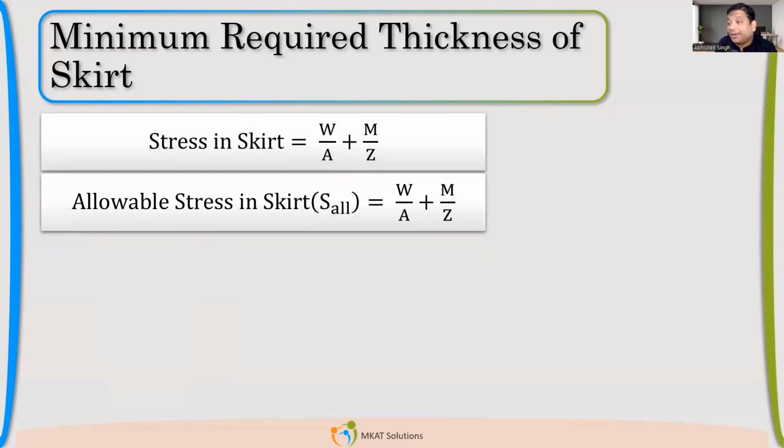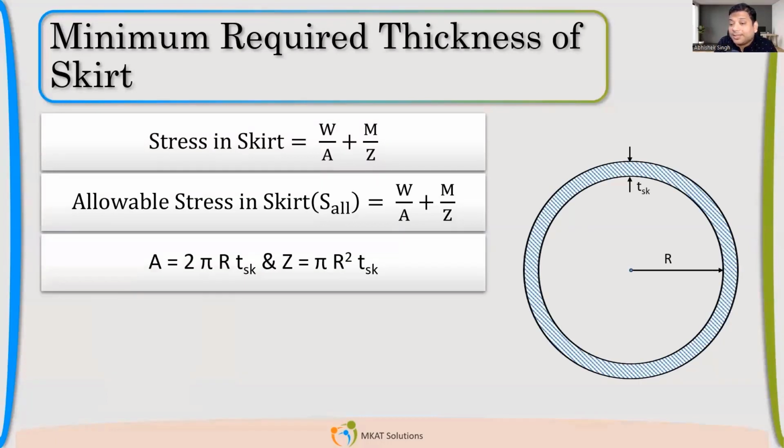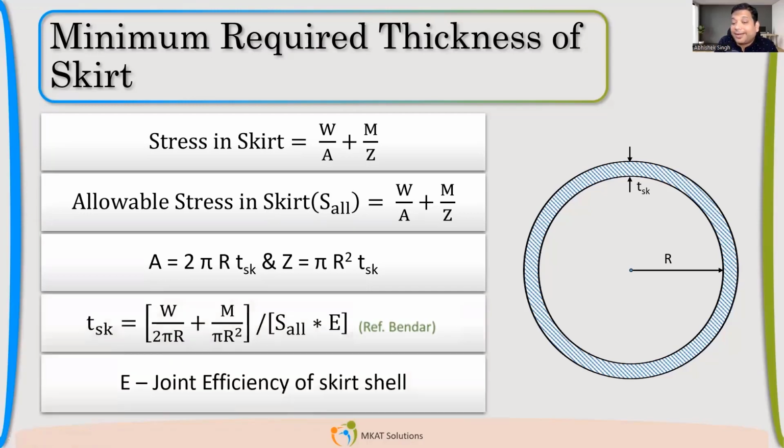If you want to calculate the thickness now, which is not given in PVElite, what you can do is just break that area, I can write it as 2 pi RT. Z, we always know how to write in terms of T, pi r square T. So if you write it like that, T you can take to this side, and then you will be able to write the same equation as this.